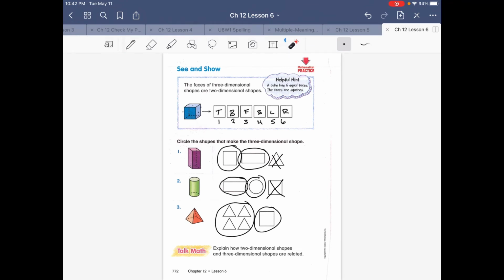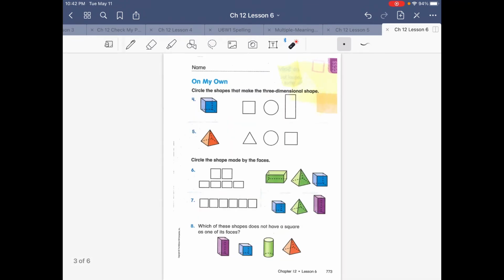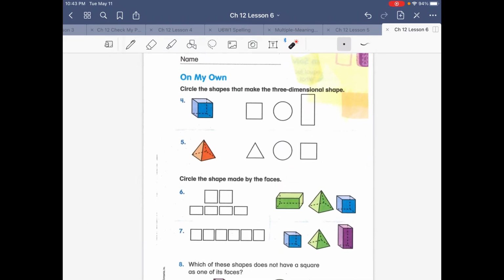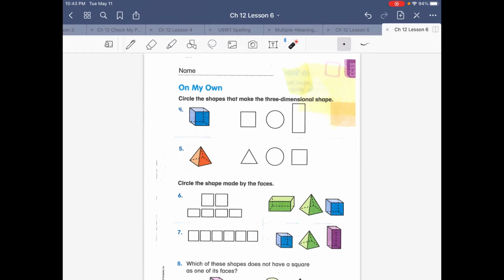Next, let's go on to page 773. See that on the bottom? Let's take a peek here. The question is asking us to circle the shapes that make up the three-dimensional shape. Your turn. Look at that cube and which 2 shapes make up that cube.